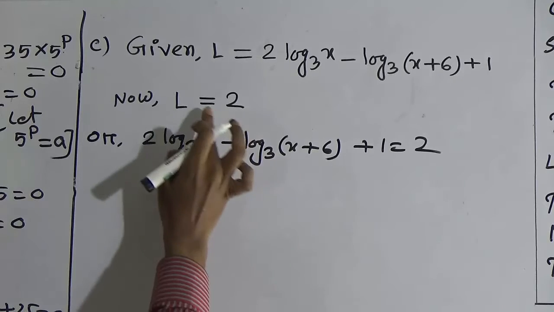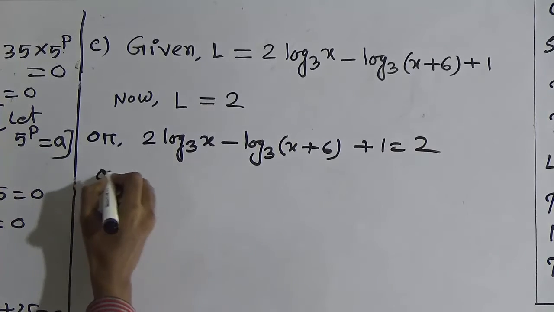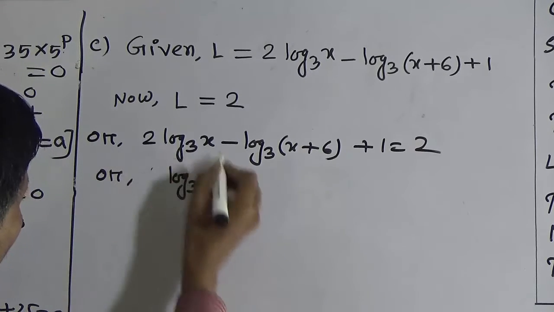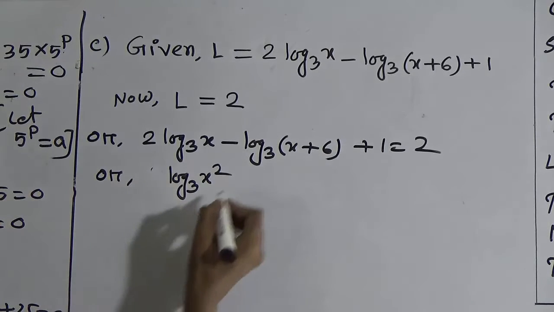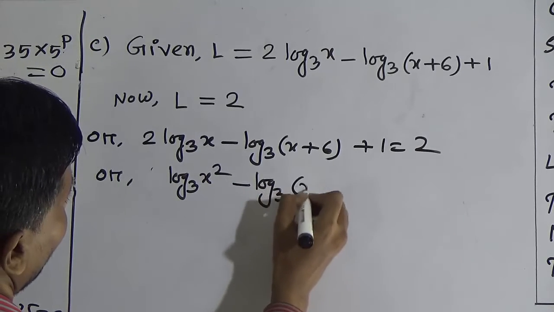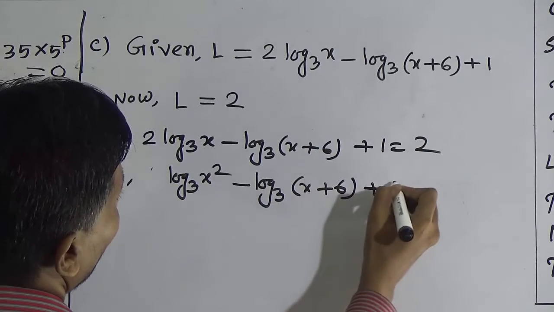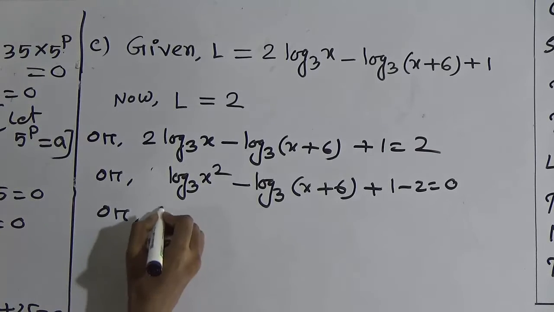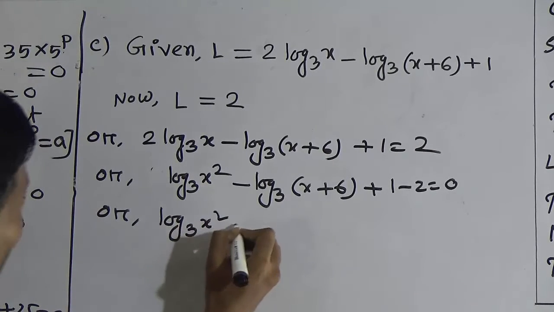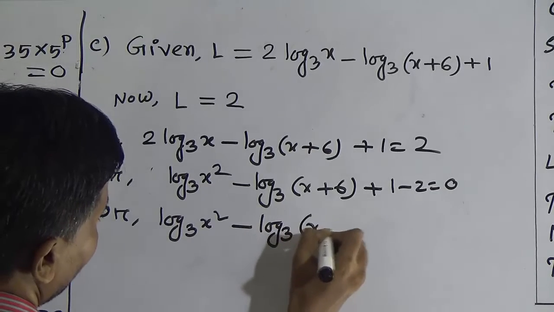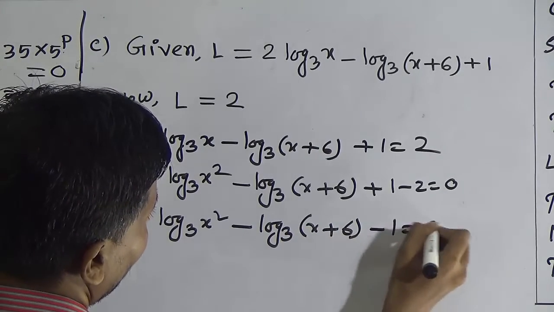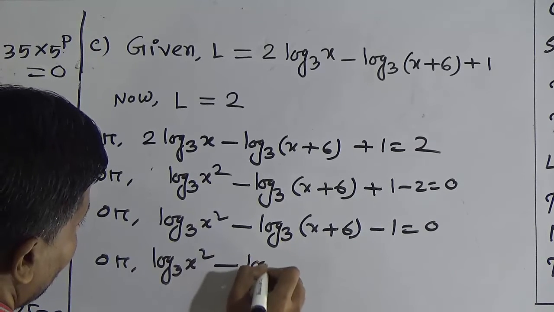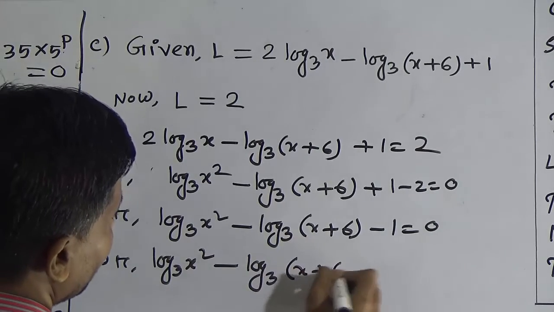L means this equal to 2, or 2 log 3 of x, minus log 3 of (x plus 6), plus 1 minus 2 equal to 0, or log 3 of x square minus log 3 of (x plus 6) minus 1 equal to 0, or log 3 of x square minus log 3 of (x plus 6) equal to 1.